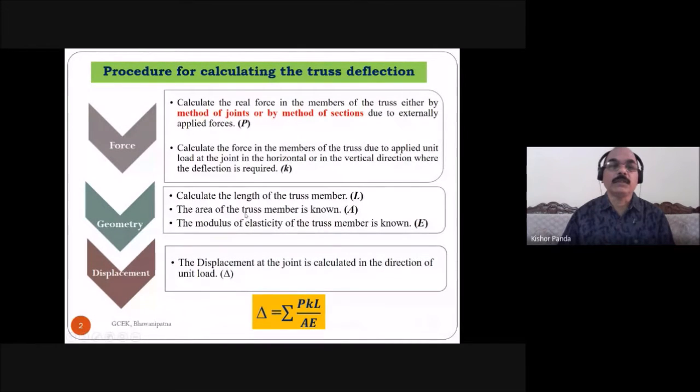Then after knowing these P, k, L, A, E, you can find out the displacement of the joint in the direction of unit load using this formula. Delta is equal to summation of P k L divided by A E. Using this formula, you can find out the deflection at the joint in the direction of unit load.